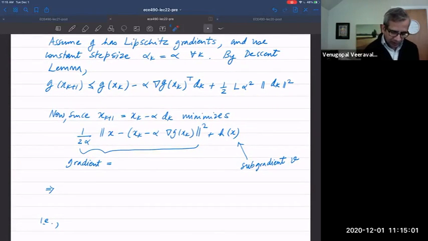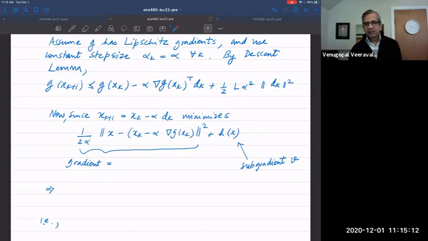Now this xk plus 1, which I wrote as xk minus alpha dk, minimizes this quantity. So remember, this is a convex function where this part is differentiable, this part's not. But this part's differentiable.